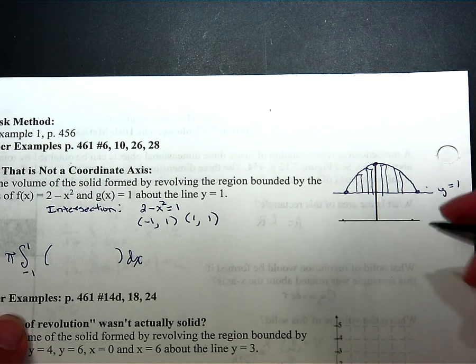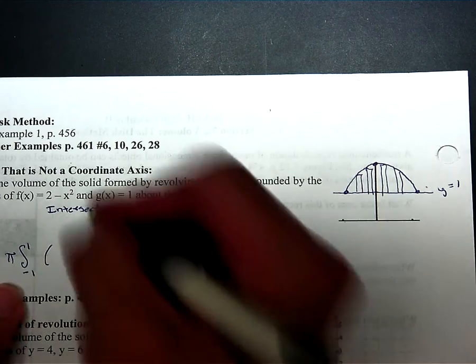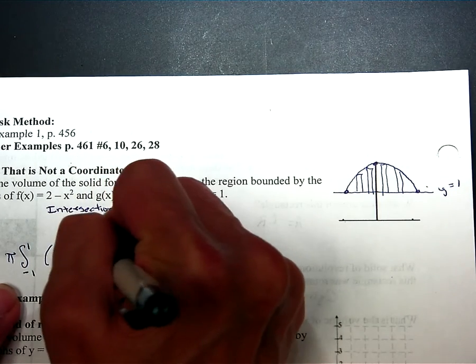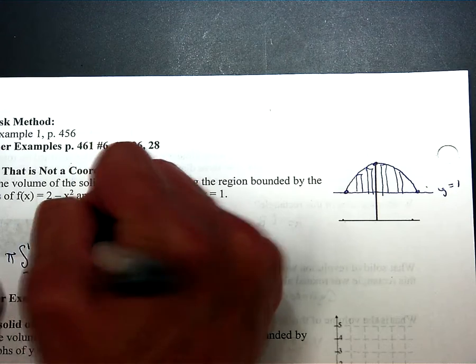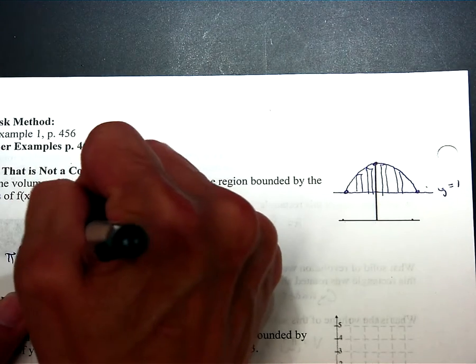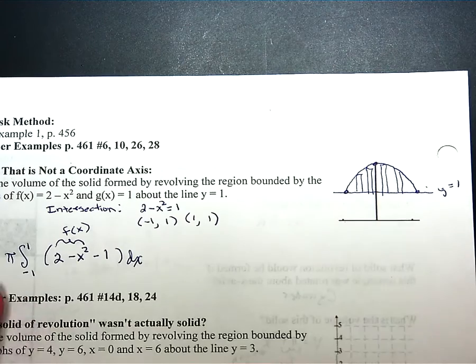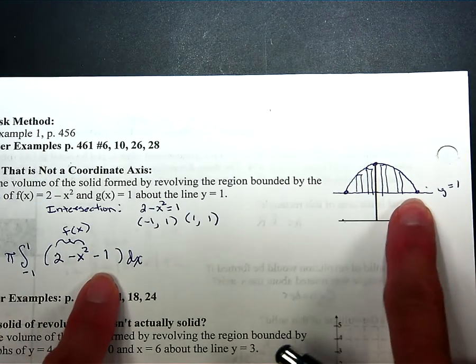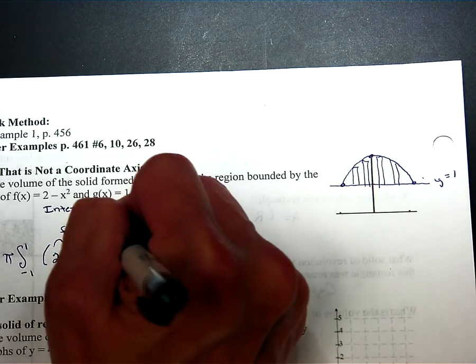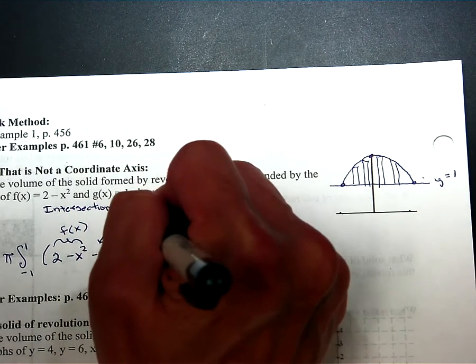Remember top function minus bottom function? This is f of x, and this is the lower function.